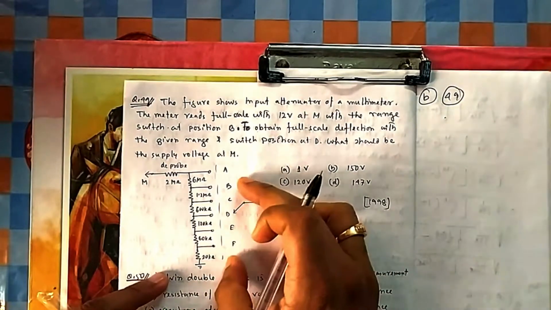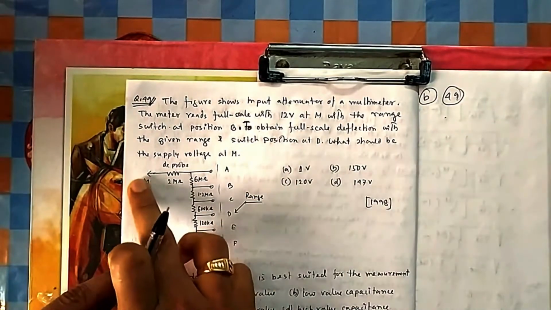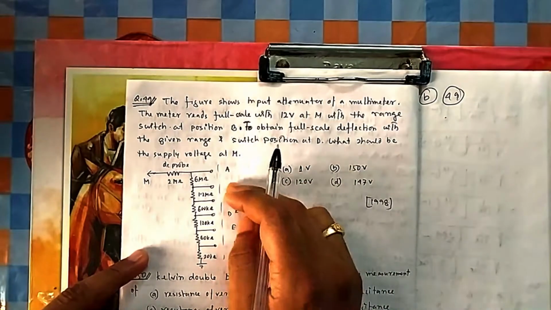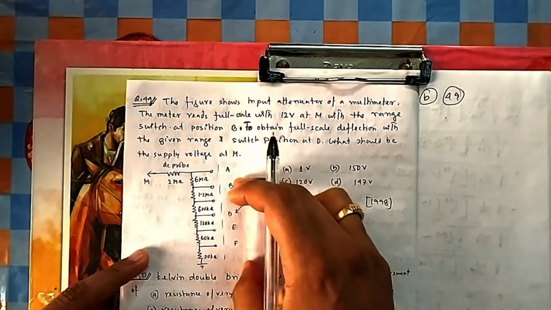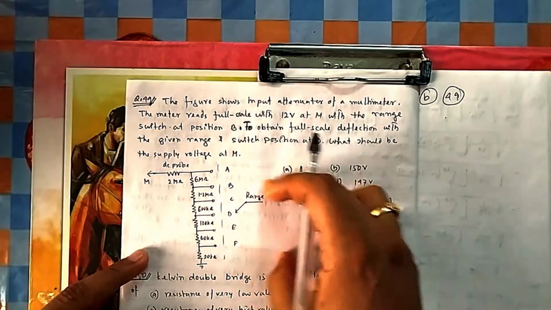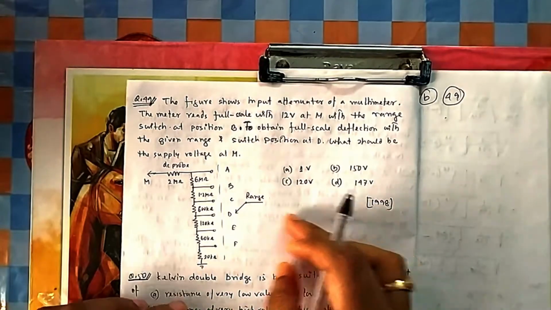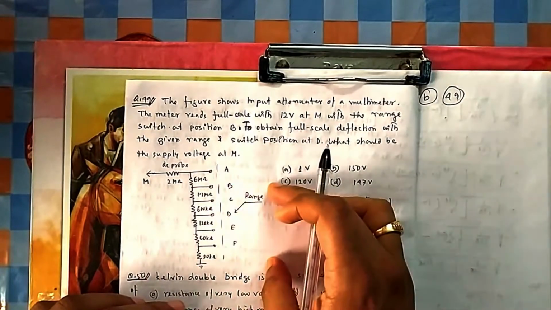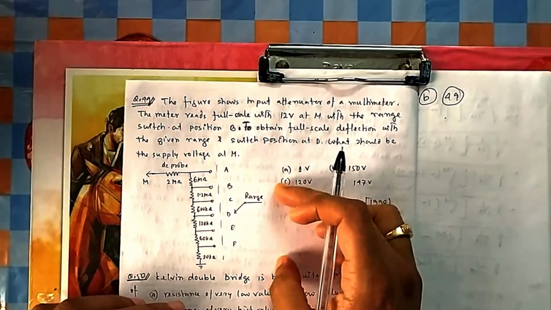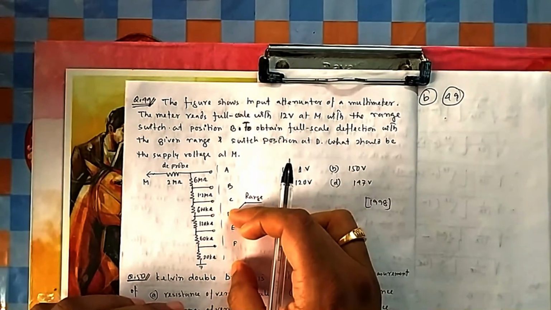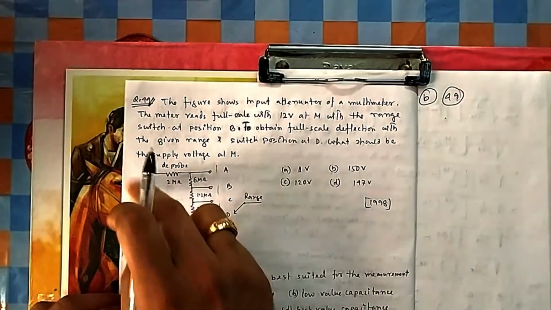First they told you that if I give 12 volt and keep my selector switch at B, I will get full voltage. This is the output side, the meter side, and this is the input side. So if you give 12 volt, what is the voltage that gives me full reading? That voltage has to be obtained when it is at D. Then you have to check what voltage you need to give.